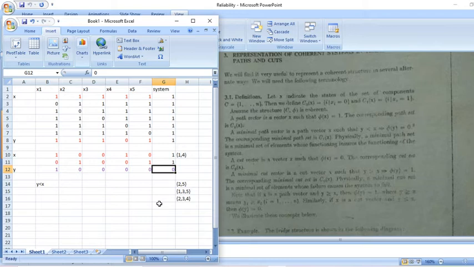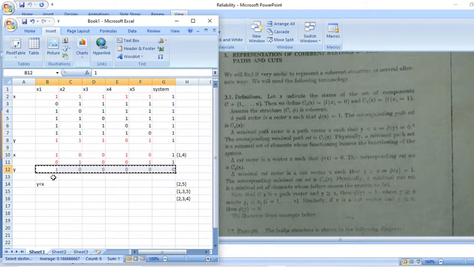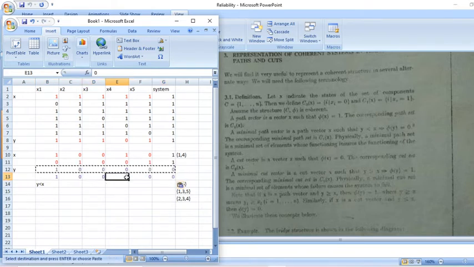At the same time, when we increase the value of x4, that means we are replacing this value with 1, what happens? It becomes 1. So such vectors are called minimal cut vectors.